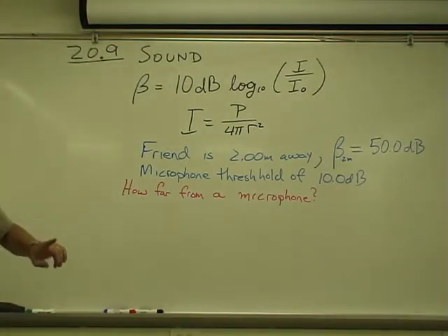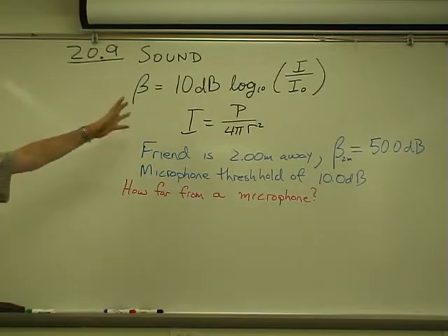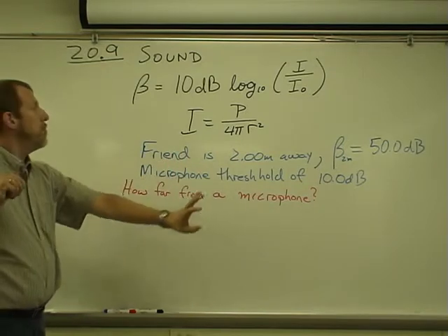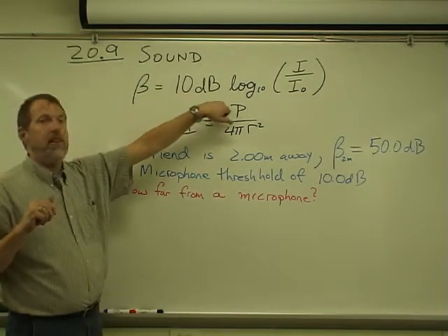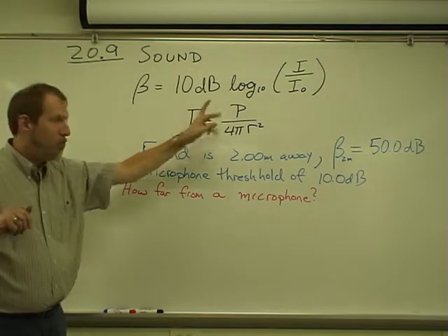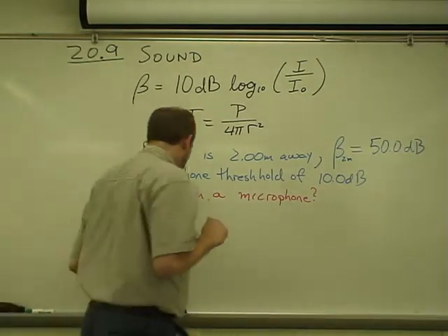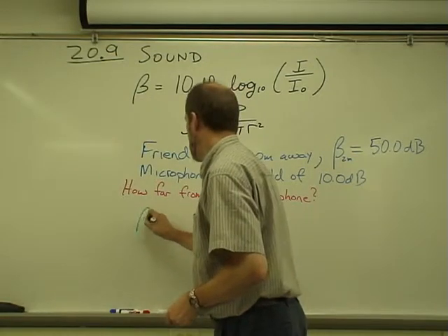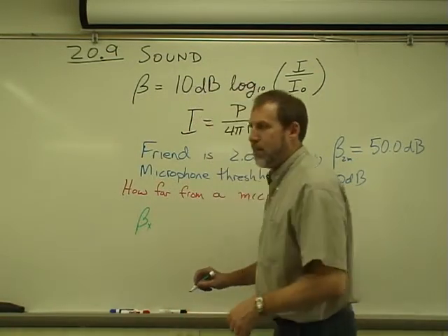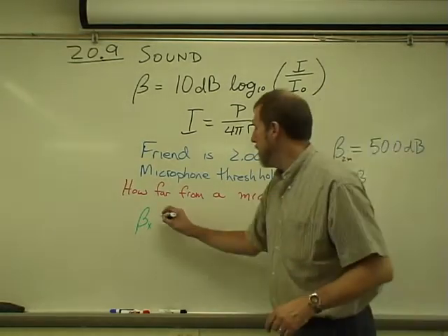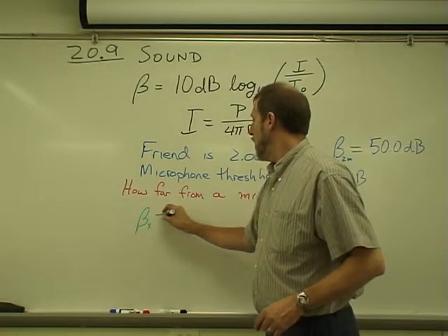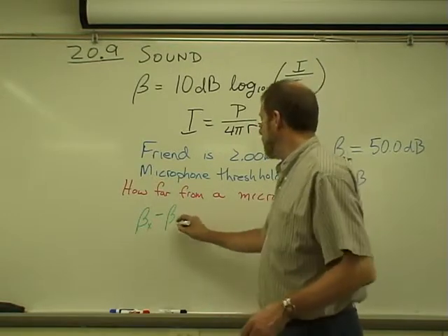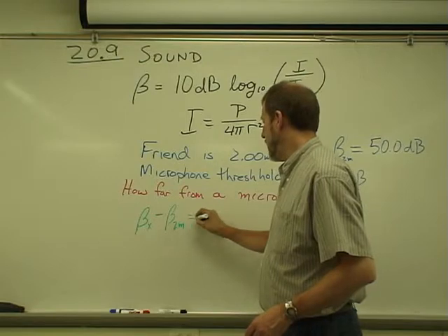Now, we're assuming you're talking to your friend 2 meters away. It's the same, you're producing the same, the power is the same thing, it's you. So what you want to do is you have B of X, where the microphone is located, minus B of 2 meters where the conversation is.